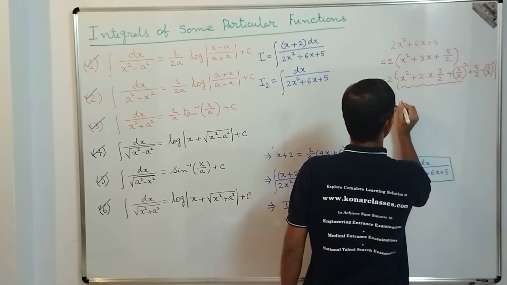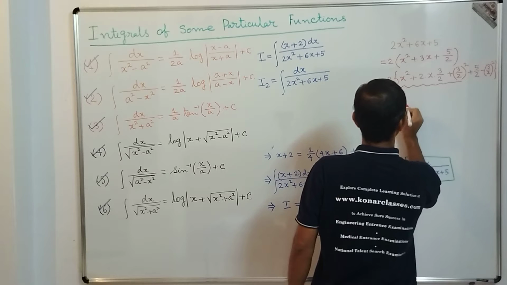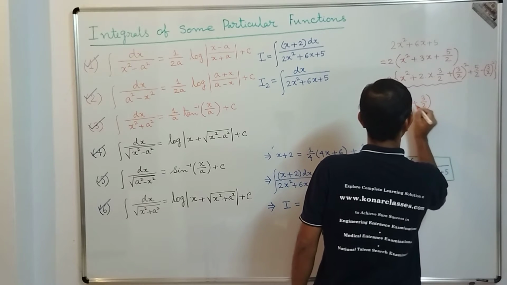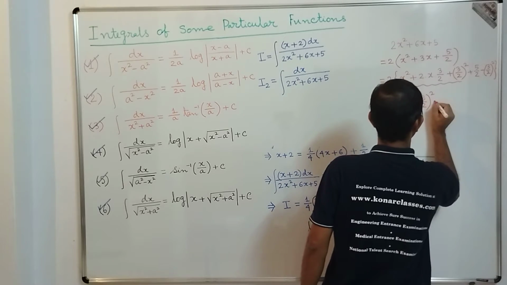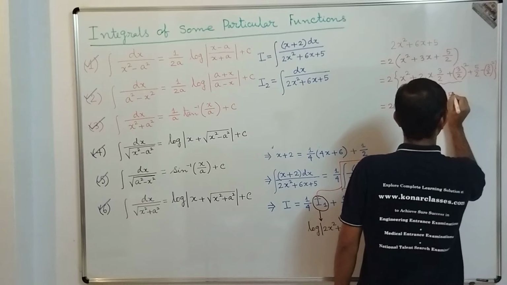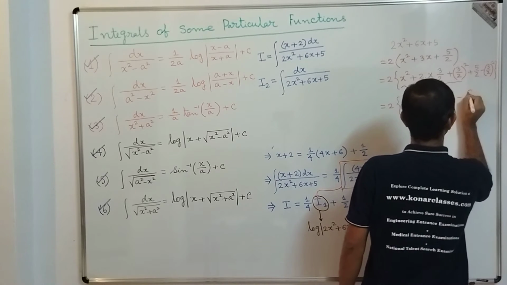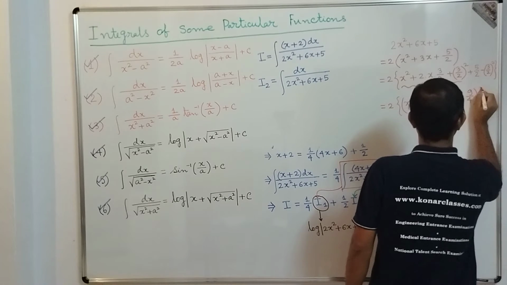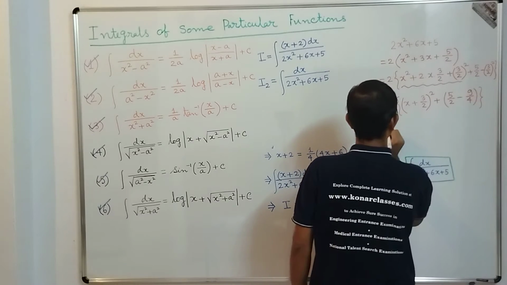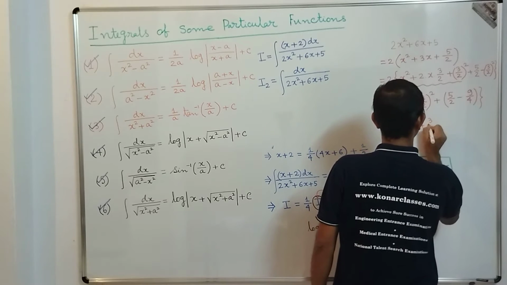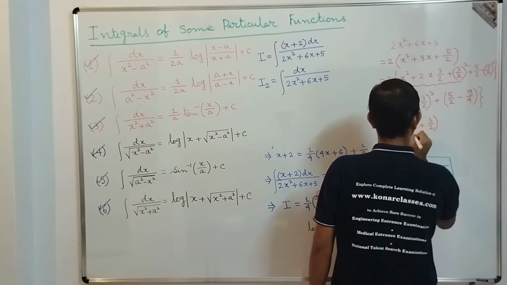So 2 into that 1, what we get is x plus 3 by 2 whole square plus 5 by 2 minus 9 by 4, this value. So what we are getting here? So that is equal to 2 into x plus 3 by 2 whole square.